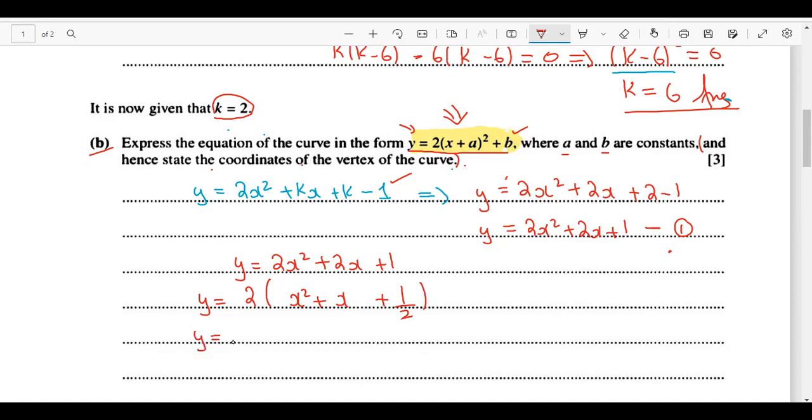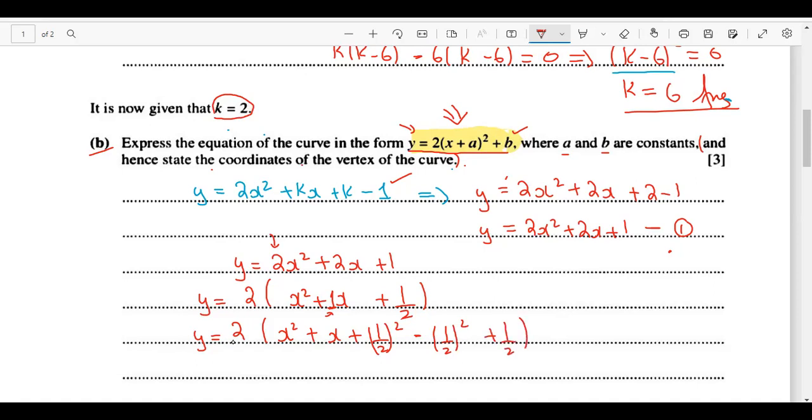Okay, number 2. Step 1 was to take the number here common, just so the coefficient of x squared becomes 1. Step 2, just follow the coefficient of x, that is 1 for this case, and I'll write it down as x, and then I need to add half of this number, square that, and then subtract half of this number, and then I'll be squaring it, and then plus 1 by 2.